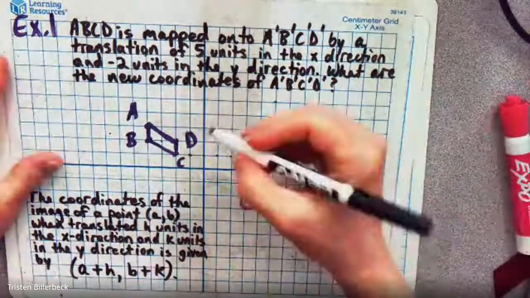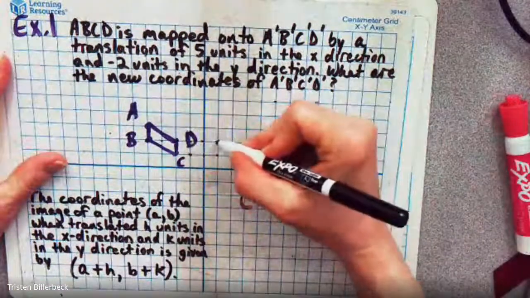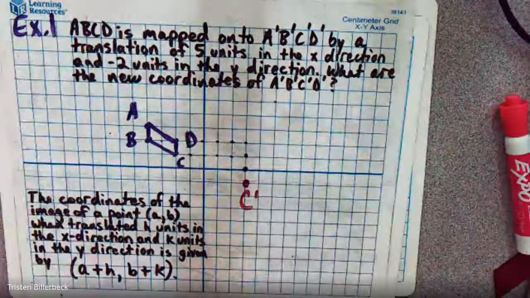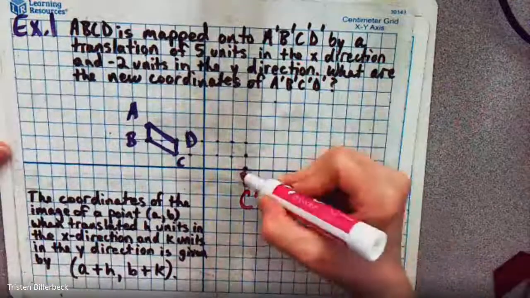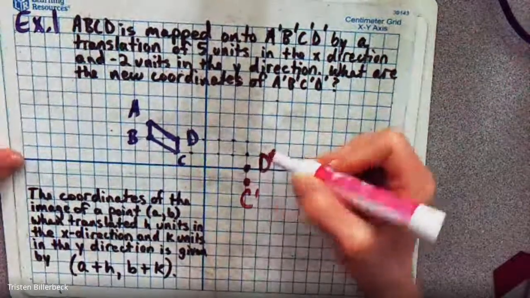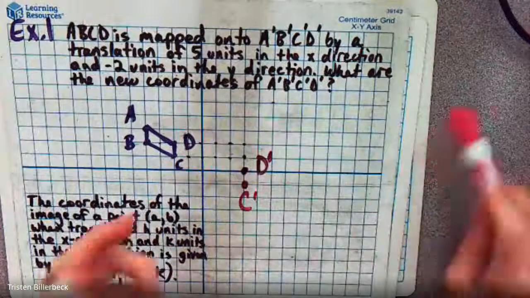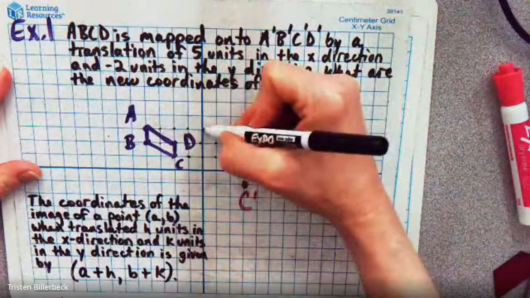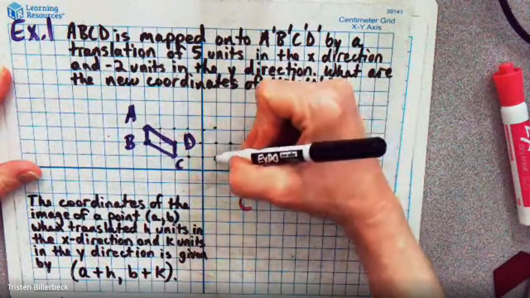Okay, next we're going to move D. 1, 2, 3, 4, 5, 1, 2. So D prime is going to be right here. And if I'm going to move A, I'm going to move it 1, 2, 3, 4, 5, 1, 2.